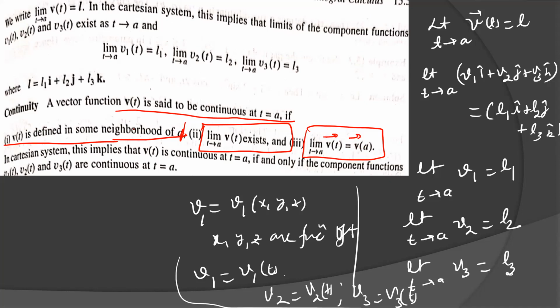Then this is called continuity of the vector function V(t) at the point t equal to a. So these three conditions are important: V(t) is defined in some neighborhood, the limit exists, and it is equal to the value of the vector function at t equal to a.